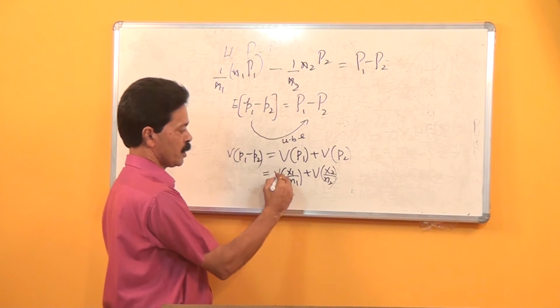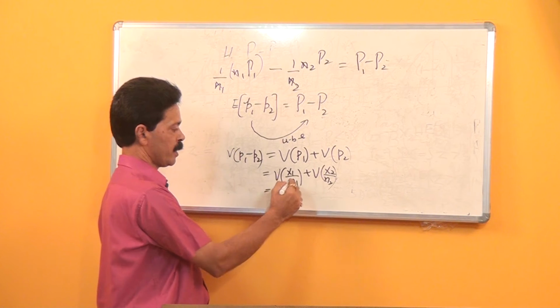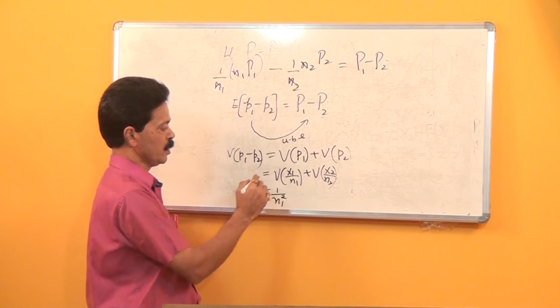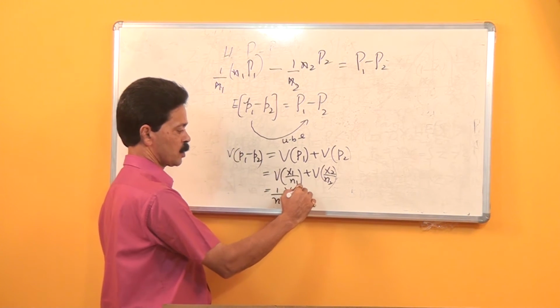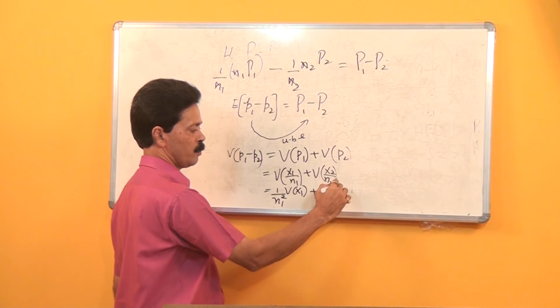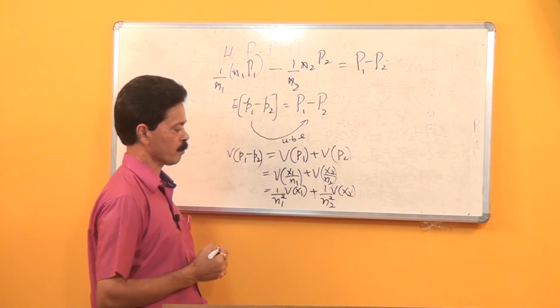So variance of aX means a squared into variance of X. That means 1 by n1 squared into variance of X1 plus 1 by n2 squared into variance of X2.